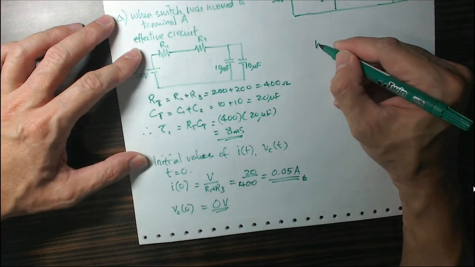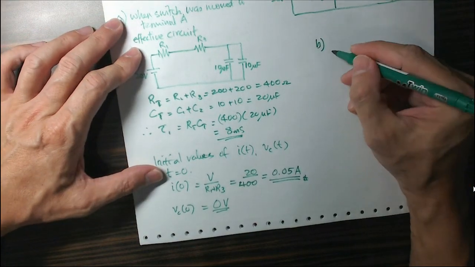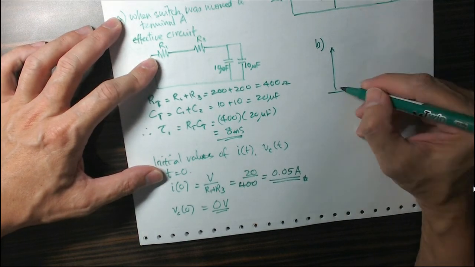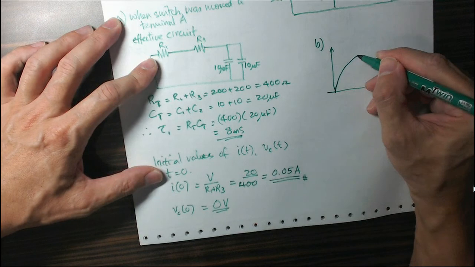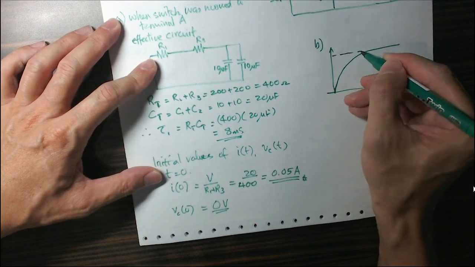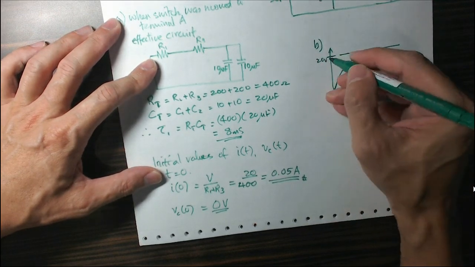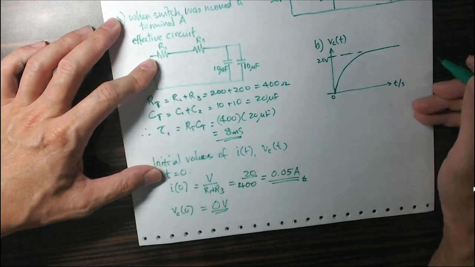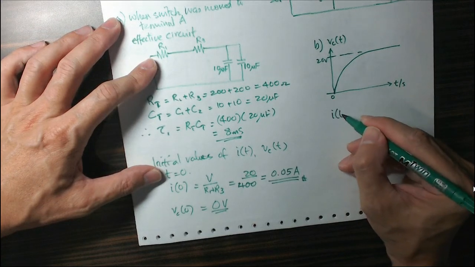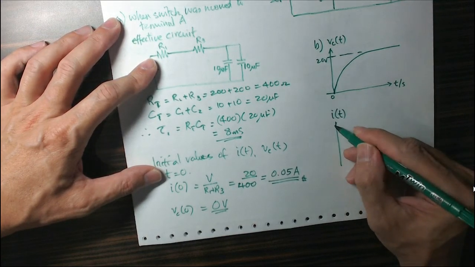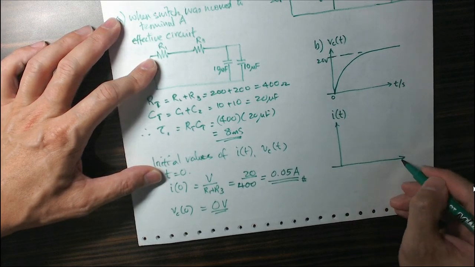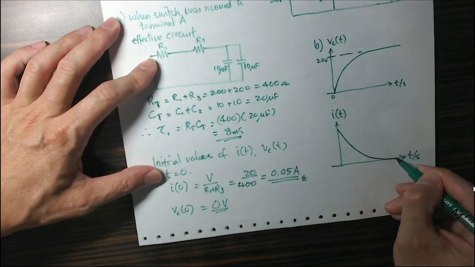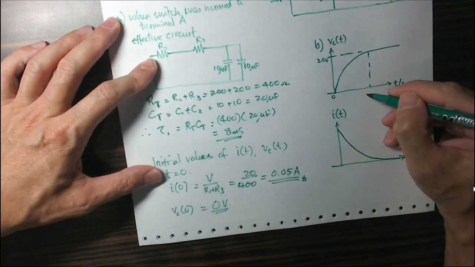So the waveform for this will be the voltage of the capacitor building up. We will look at that, where the highest voltage is 20 volt, starting from 0. Whereas for current, the current flowing through started with the maximum and then tapers off to be 0, corresponding to when it's 5 tau.